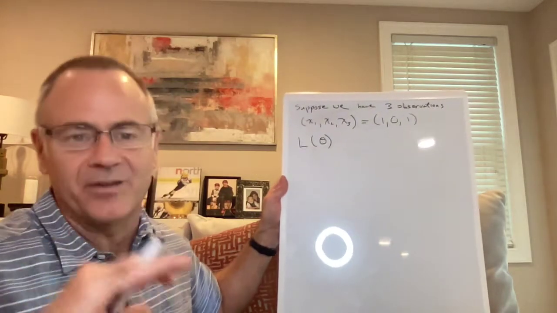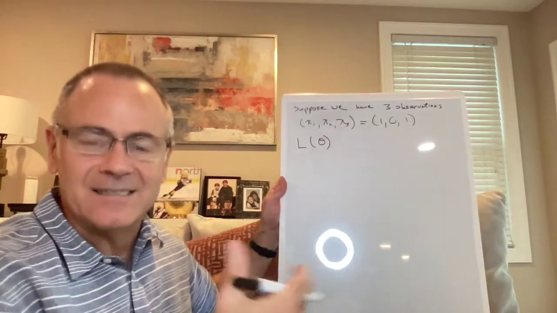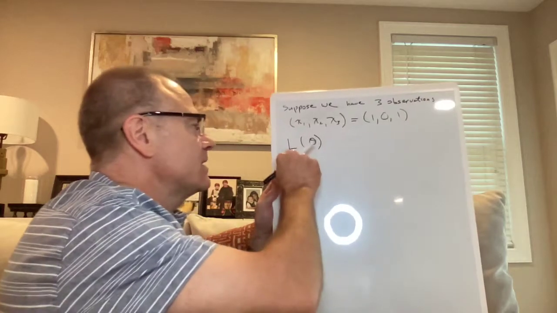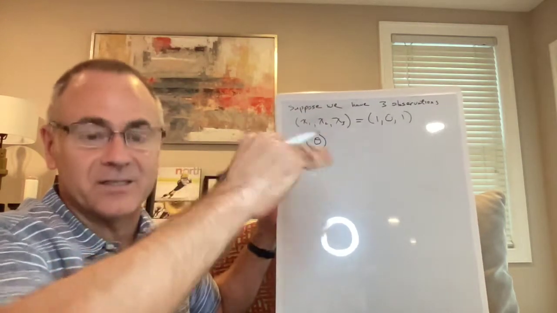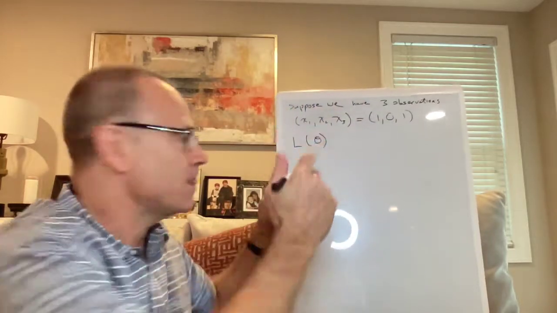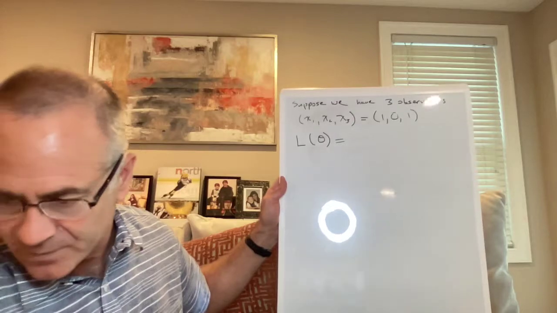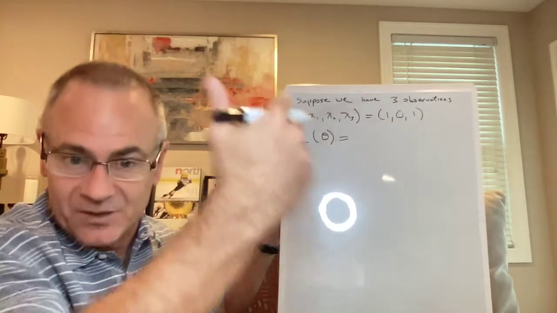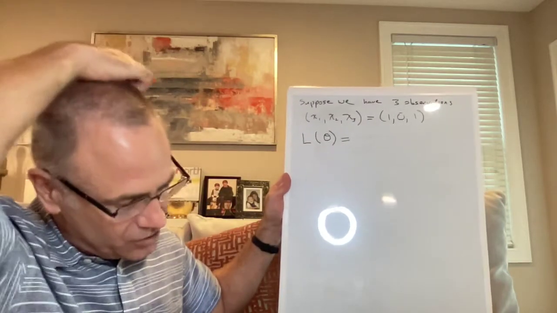Well, with likelihood, we do the opposite. We treat the data as if they are given, and we make the likelihood a function of theta. We define it to be the probability of observing the data we observe given theta.